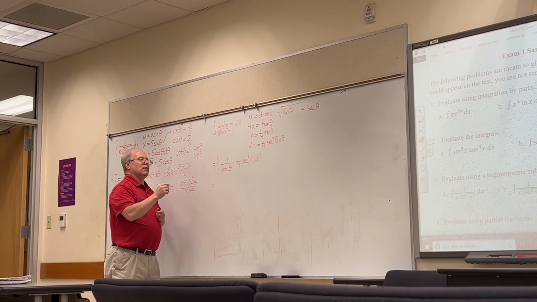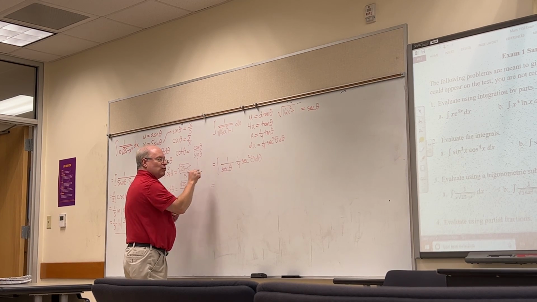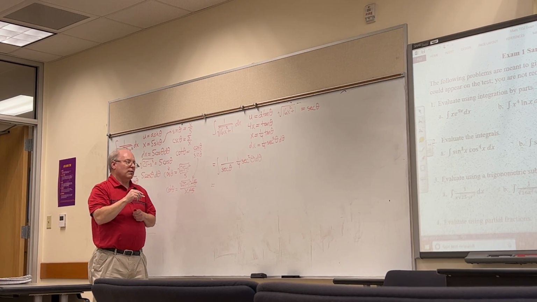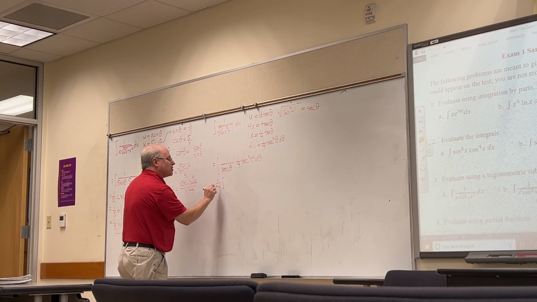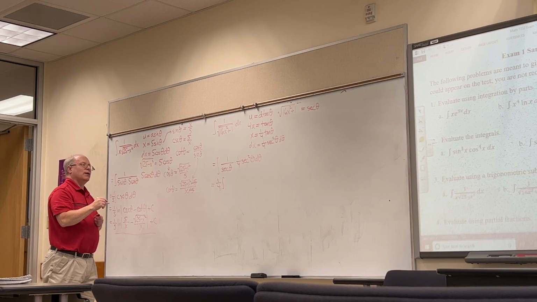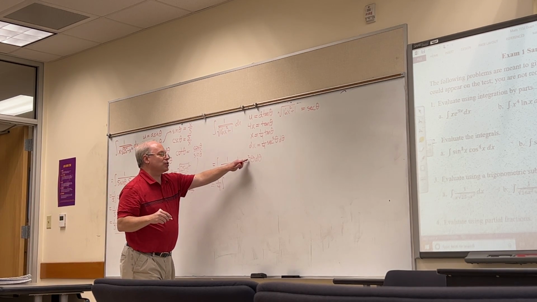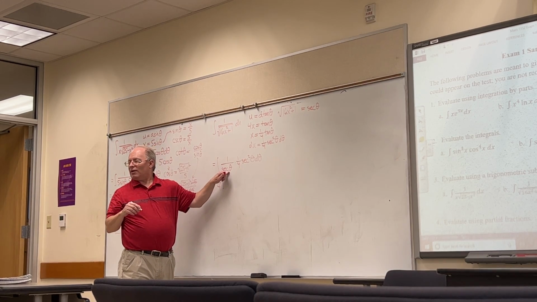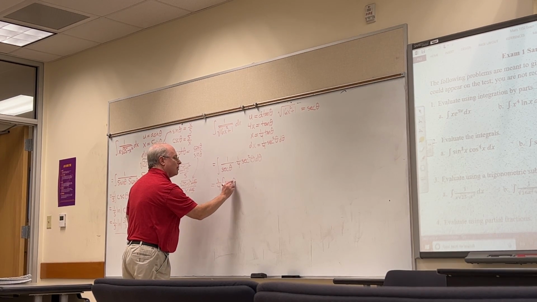Wouldn't the 4 go to the bottom of the secant? Well, in fact, what can we do with the factor of 1/4? You may just take it outside of the integral. And then what's the rest going to simplify to? You're going to have secant squared of theta over secant of theta, so it just simplifies to secant theta d theta.